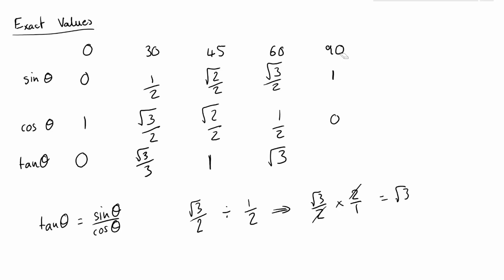It's not possible to share it between 0 people, and so this actually is not a value. We'll look at how that plays out when we look at trigonometric graphs. But for now, this table is good enough to get us through, knowing that we don't have a solution for tan of 90 because we can't divide anything by 0.